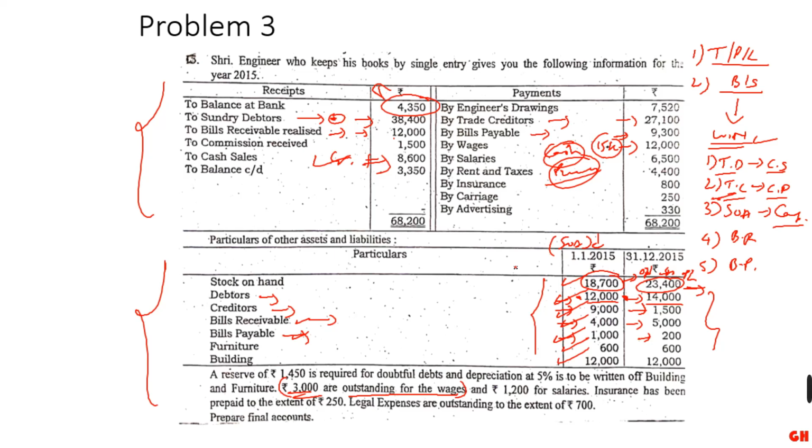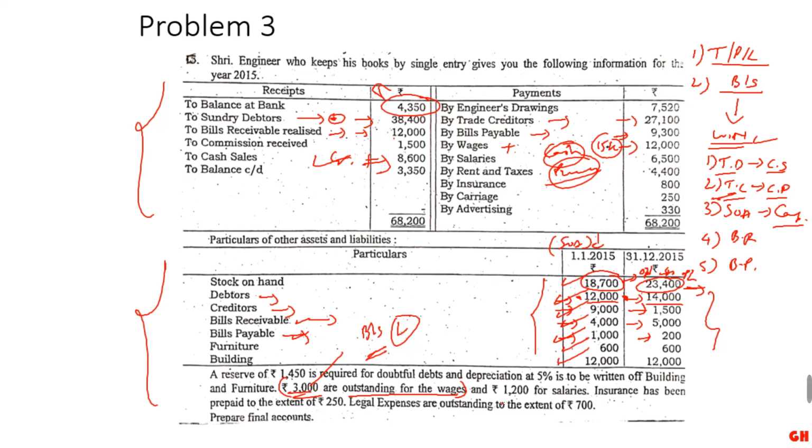So the expense is 15,000, and this 3,000 will be shown in the balance sheet as a liability, because it is not actually paid. Whenever we prepare the profit and loss account under the accrual concept, we need to show the full expenses, whether paid or not paid.